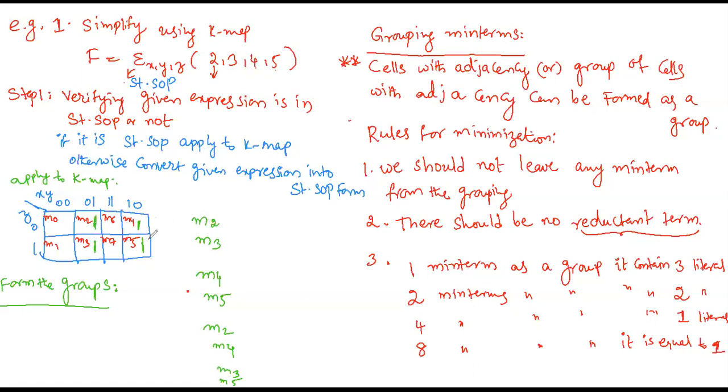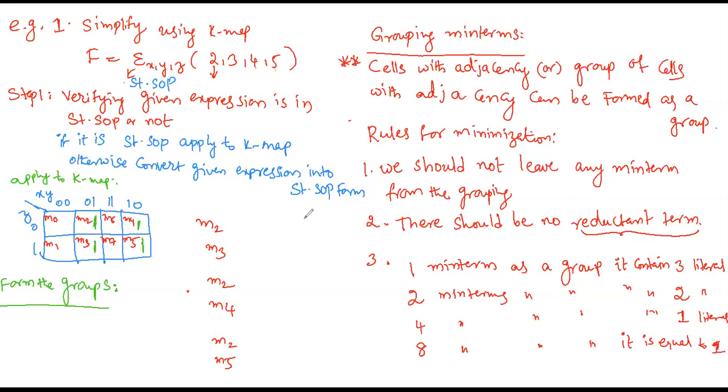Okay. M2, M4, M2, M5, M2, M3. Completed. Next, M3, M2, already completed. Let me write in a sequence. M2, M3, first combination. M2, M4, M2, M5.